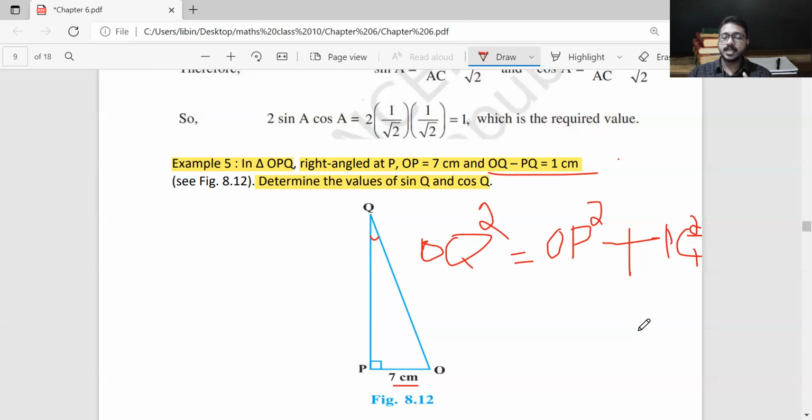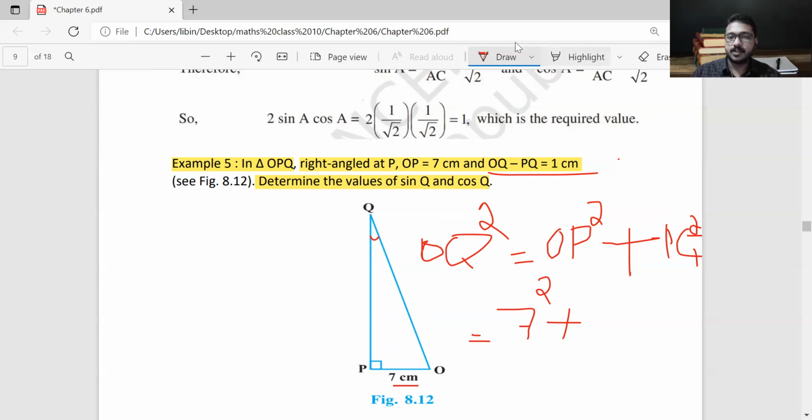But the thing is how we will substitute. We know the value of OP, that's okay. We can substitute directly as 7 squared. But what about OQ and PQ? If we are taking the value OQ as it is, then instead of OQ, we can substitute the value in terms of PQ.